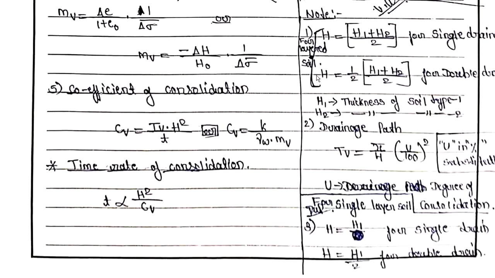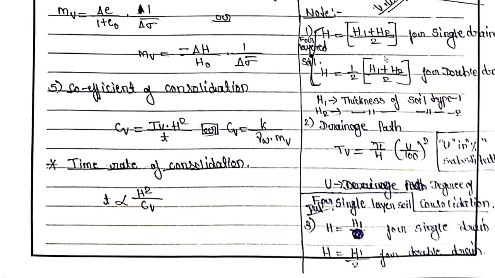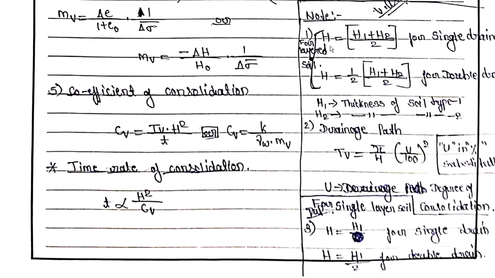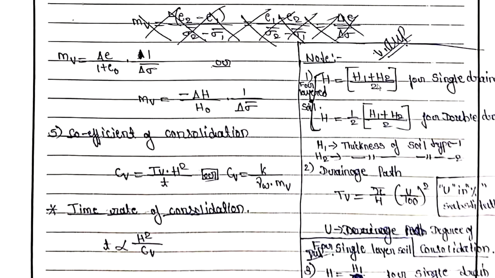Next, there are a few very important notes which I have marked down. H is equal to H1 plus H2 divided by 2, where H1 is the thickness of the first layer and H2 the thickness of the second layer, for single drainage condition. For double drainage condition, it is half into H1 plus H2 divided by 2.